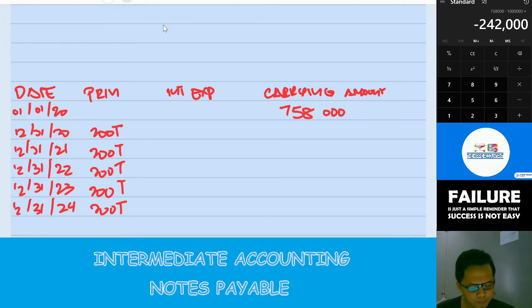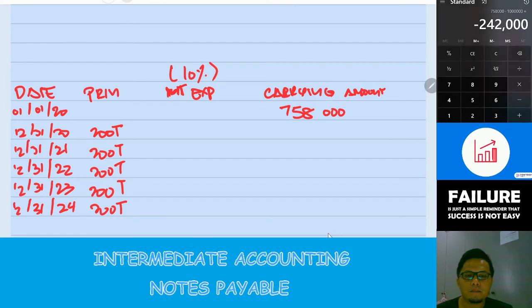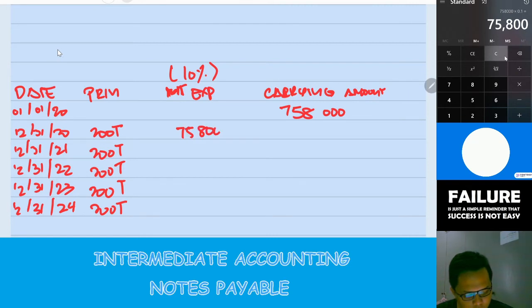So, kumbaga, ang interest expense natin dito, this should be based on 10%. So, 758,000 times 10%, that we have 75,800. That is for December 31, 2020.